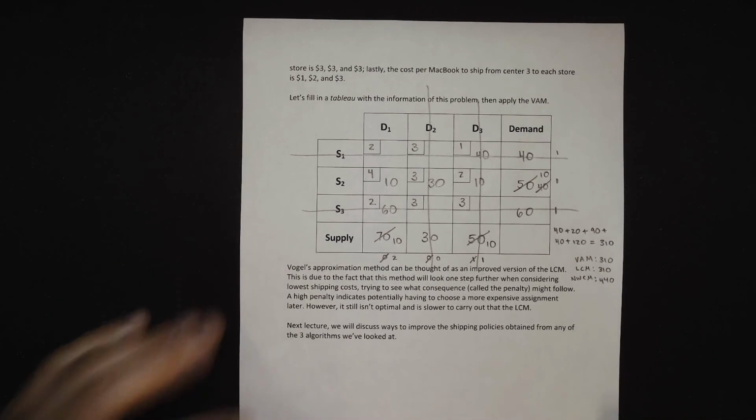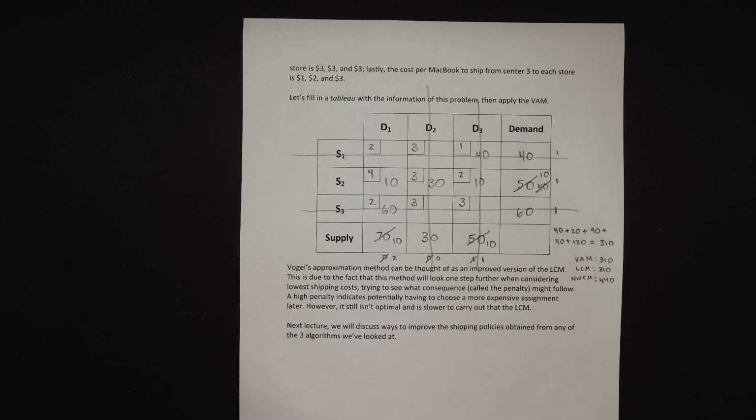All right, so Vogel's approximation method can be thought of as an improved version of the least cost method. This is due to the fact that this method will look one step further when considering lowest shipping costs, trying to see what consequence, called the penalty, might follow.